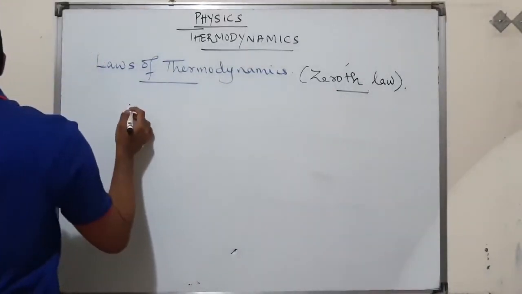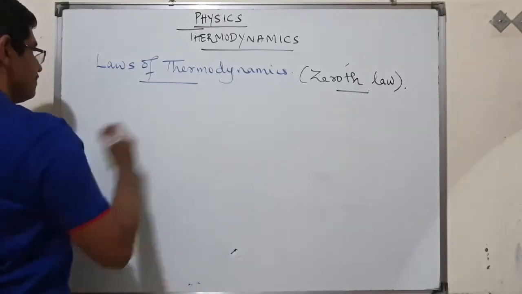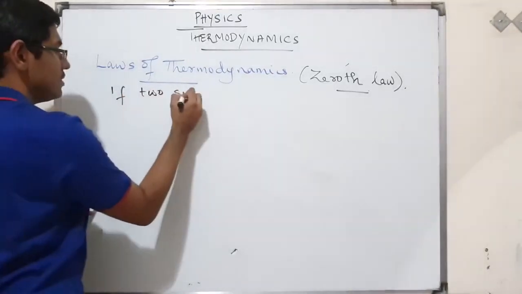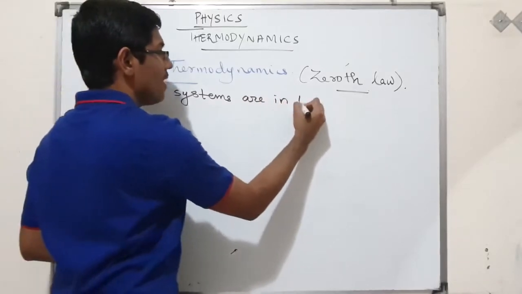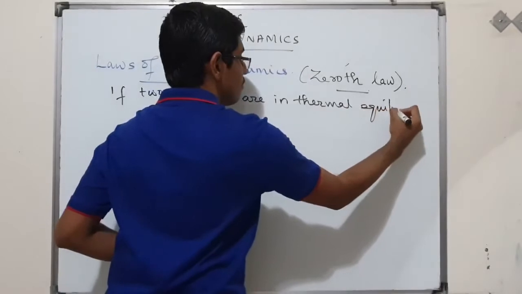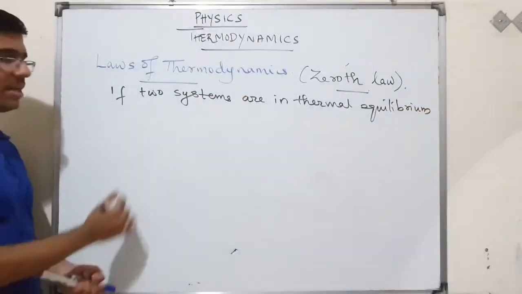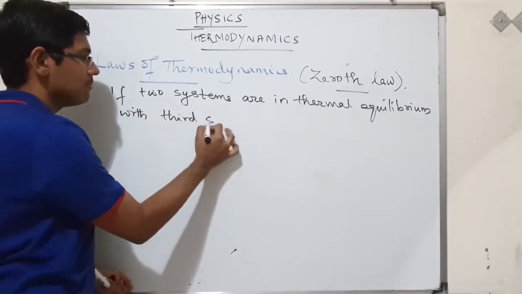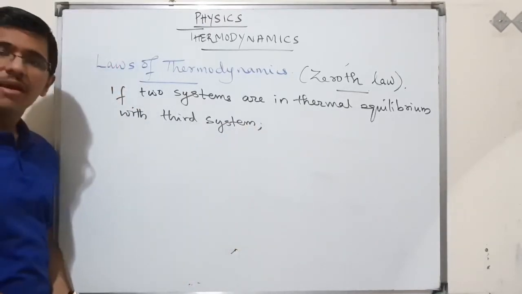It states that if two systems are in thermal equilibrium with a third system, then what will happen?